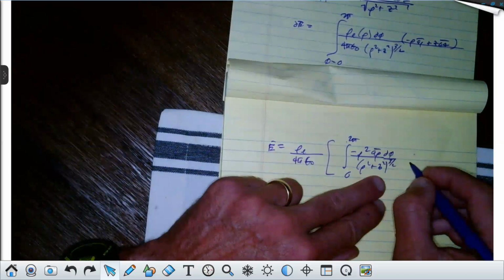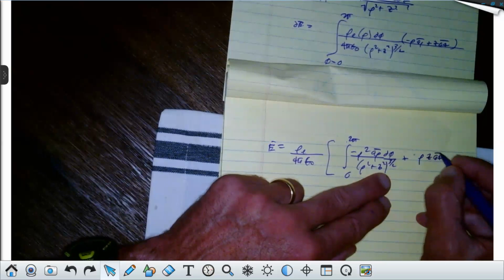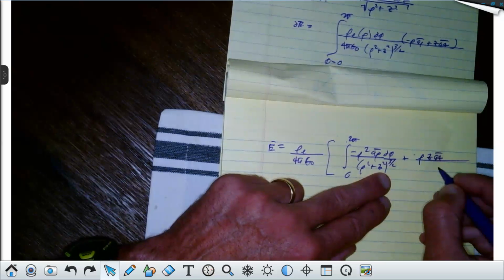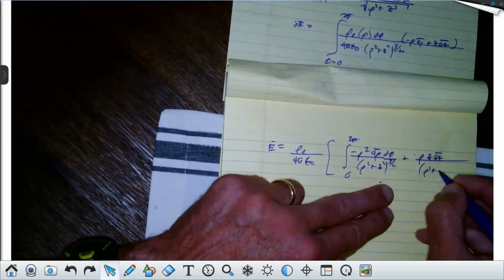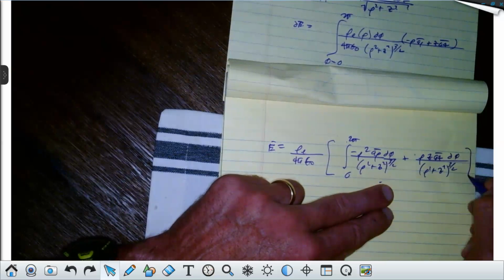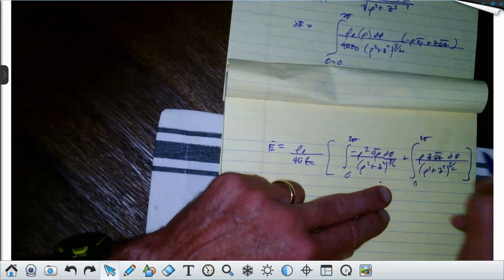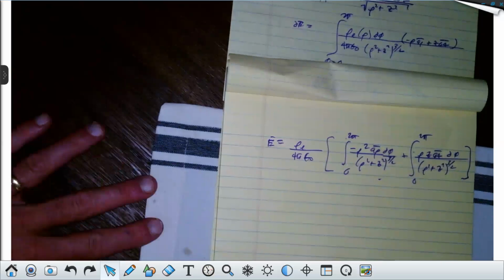And then I have plus rho Z a_Z all over rho squared plus Z squared to the 3/2 power, and that's got d phi in it as well. And I have to integrate that from 0 to 2 pi. All right, y'all follow me that I've just broken it up into 2 bits, right?